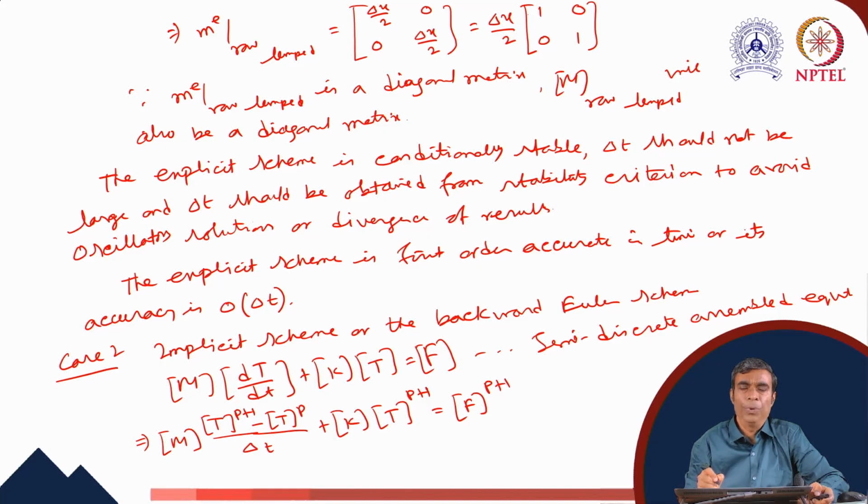Now we take the unknown terms in the left hand side and shift all the known terms to the right hand side. In this case, we see that the contribution due to the stiffness matrix is an unknown term and it will be maintained in the left hand side. So here this acts as an unknown term.